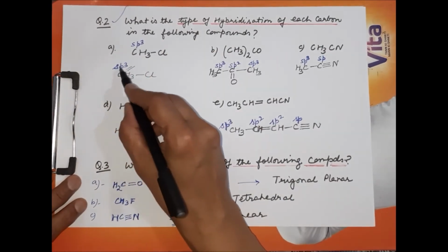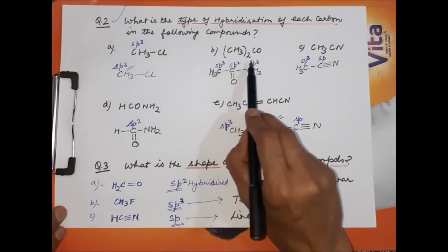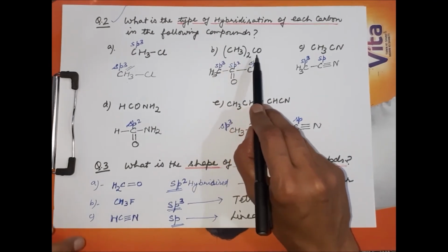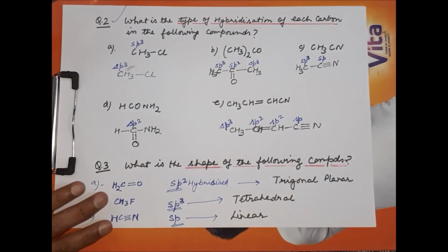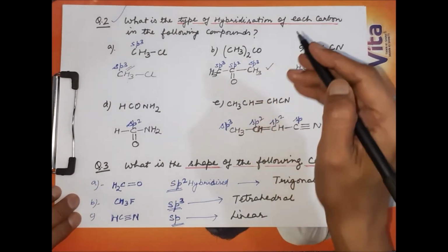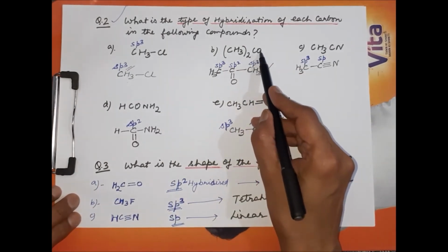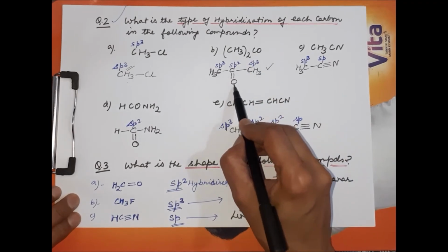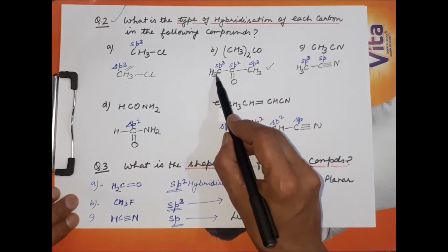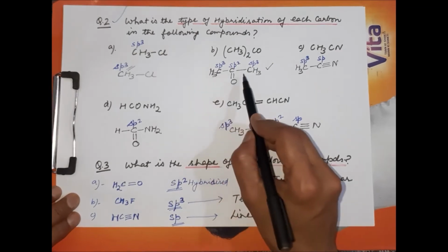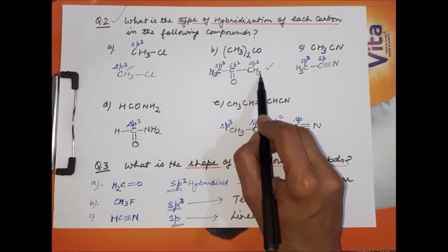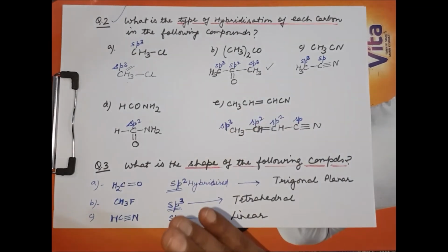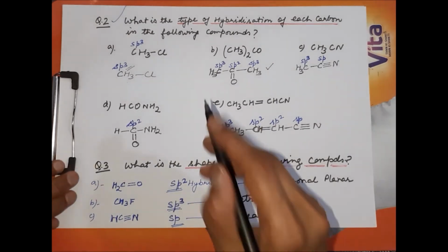This is sp3 hybridized. So next example, (CH3)2CO. So first we can write it in this way. Here we can see this CO is the ketonic group in the center, and on the left side one CH3, right side also one CH3. So now we can see how many bonds the carbon is having.